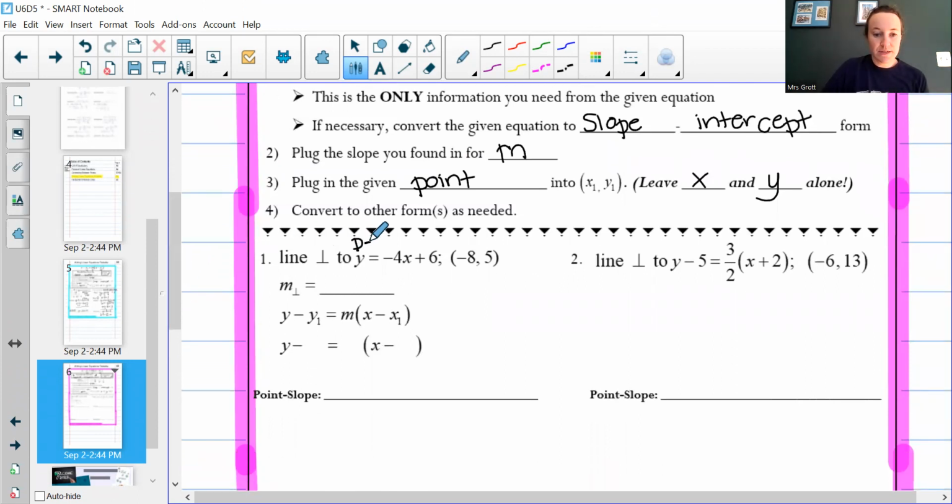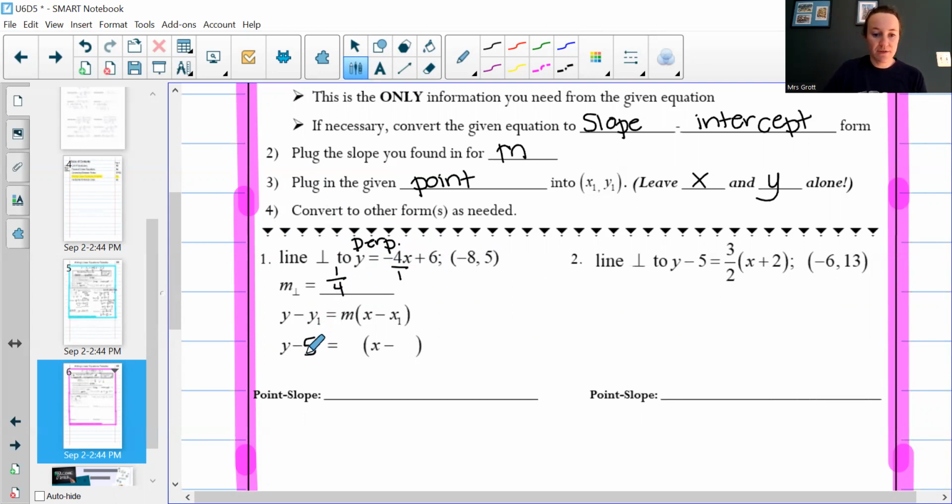A line, so this is going to be perpendicular to -4x plus 6. Perpendicular slopes are opposite reciprocal. So since it's a negative, it's going to become a positive. And since it's 4 over 1, my perpendicular slope is going to become 1 over 4. Opposite reciprocal.